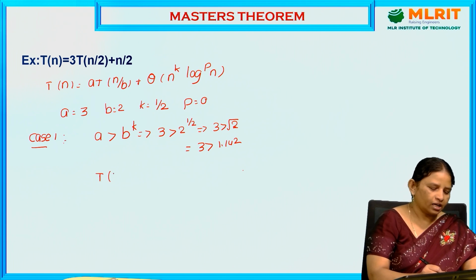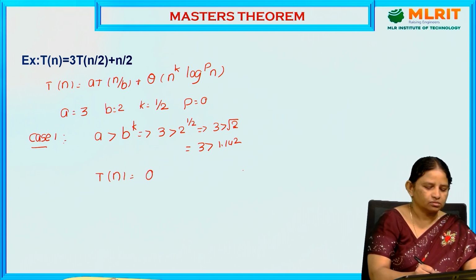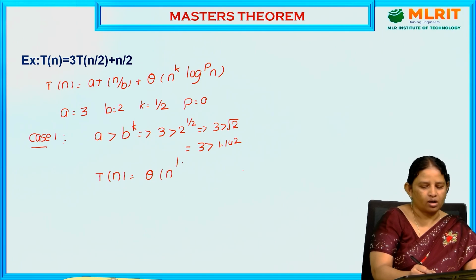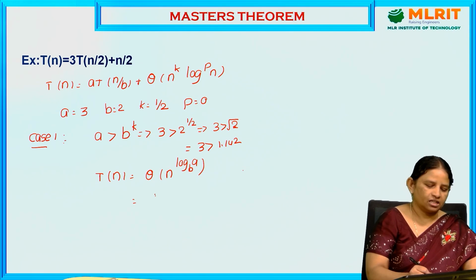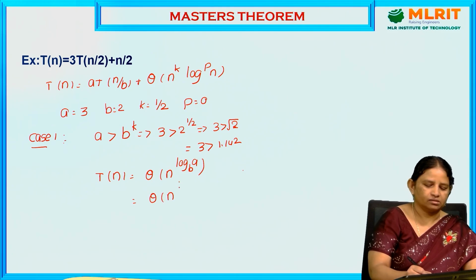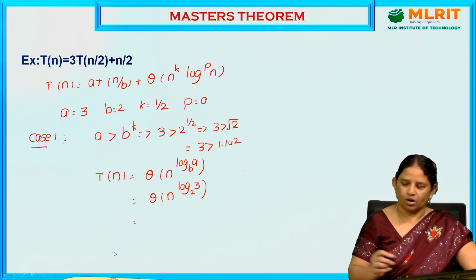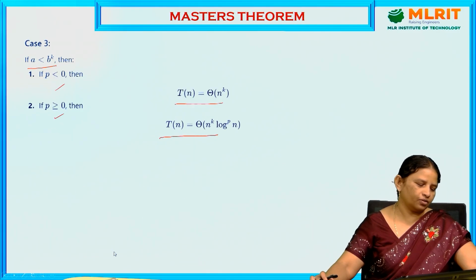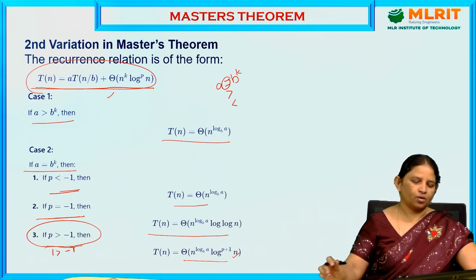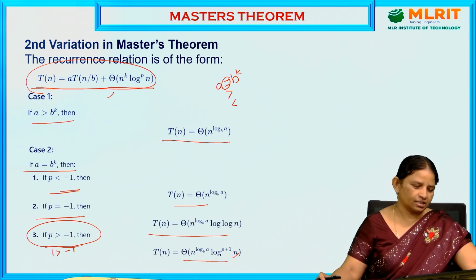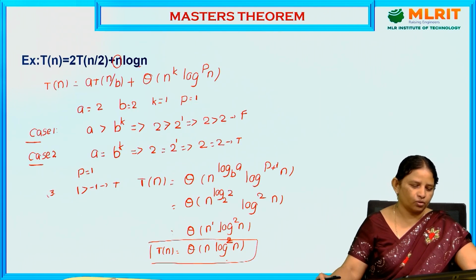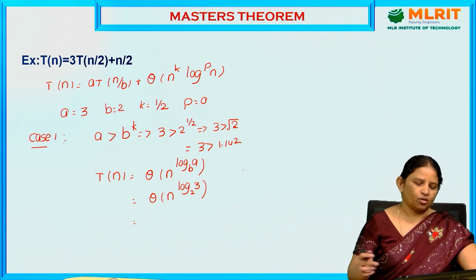T of n equal to theta of n to the power of log a base b. That is equal to n to the power of log 3 base 2. According to case 1, because the a value 3 is greater than 1.142, we get n to the power of log 3 base 2.